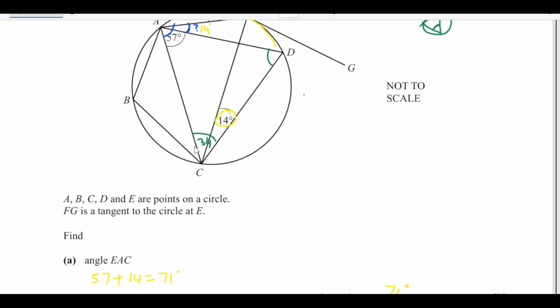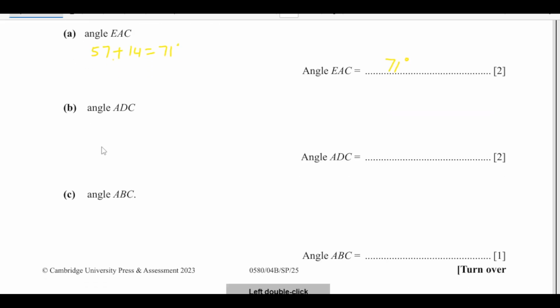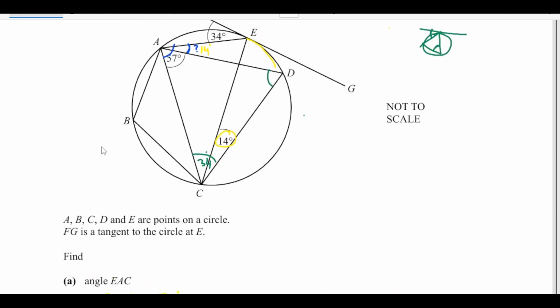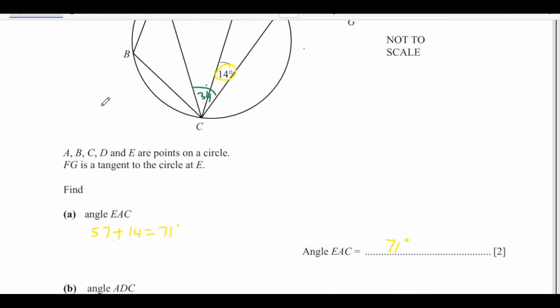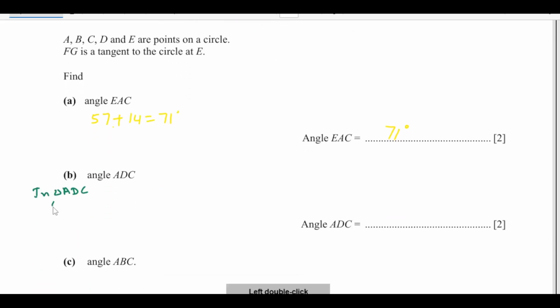Okay, so now this is an angle of this triangle ADC. So in triangle ADC, 57 plus 34 degrees plus angle ADC is equal to 180 degrees.